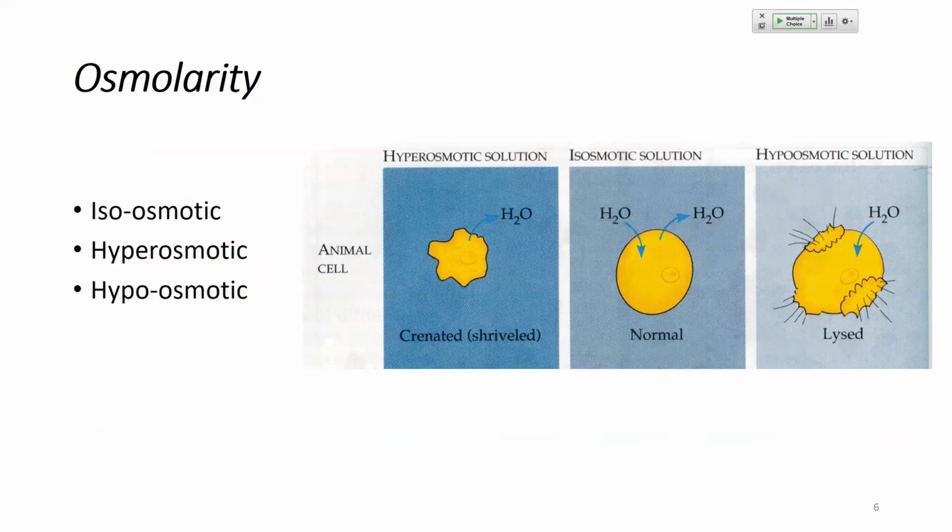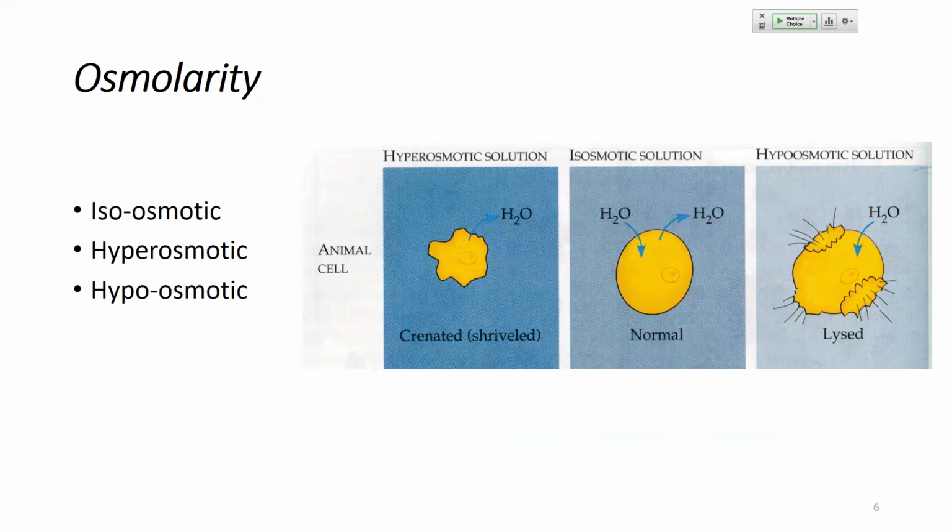Let's look at some examples here. Now again, when we speak about osmolarity, we're looking at all the dissolved solutes in that solution. So let's take, for example, we have 3 cells here, and they're all suspended in the extracellular fluid. And we have 3 descriptions of osmolarity.